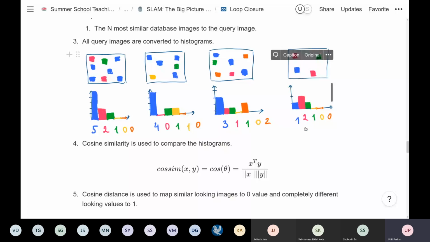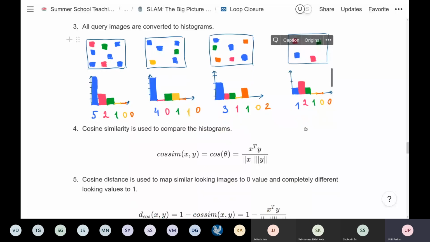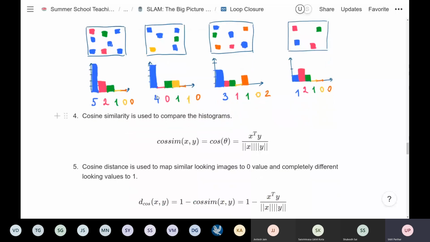So we are going to use cosine similarity to say whether two histograms, which are the basic representation of our images, are the same or not, to say whether two images are the same or not. Cosine similarity will basically tell us the angle between those vectors. If the vectors are pointing in the same direction, then they are perfectly aligned. And if they are pointing orthogonally, then they are not aligned.